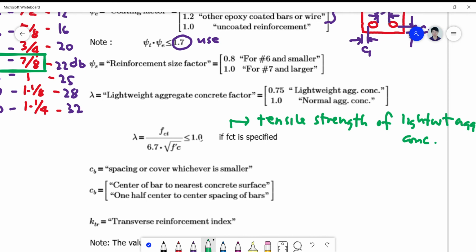If it exceeds 1, you use 1.0. Okay, what's your cb again? cb is the spacing or covering, whichever is smaller. Remember the C1 and C2 there. So you just place there C1, C2, S1, S2, and then you get this equal to cb.